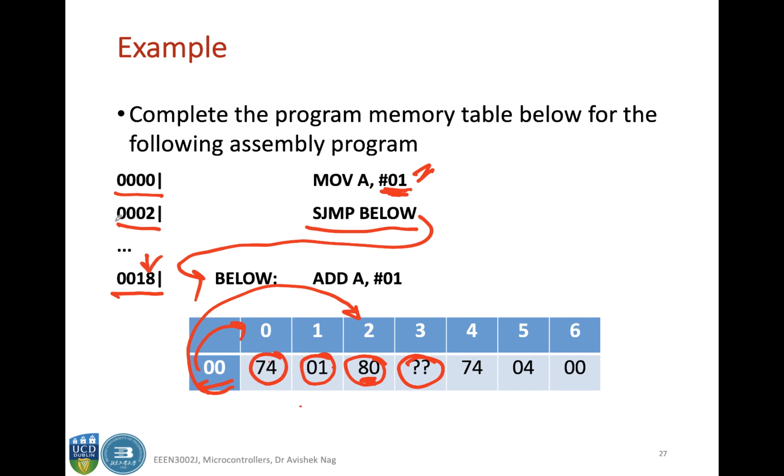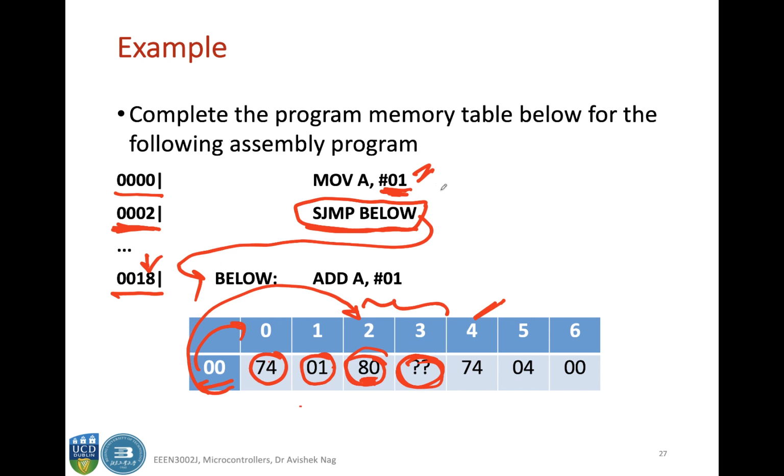After you execute this line at 0002, which is a 2-byte instruction, you see 80 and then this unknown byte, which we are going to determine. In general the short jump is a 2-byte instruction, so the next line will start from 0004, whatever that line may be.